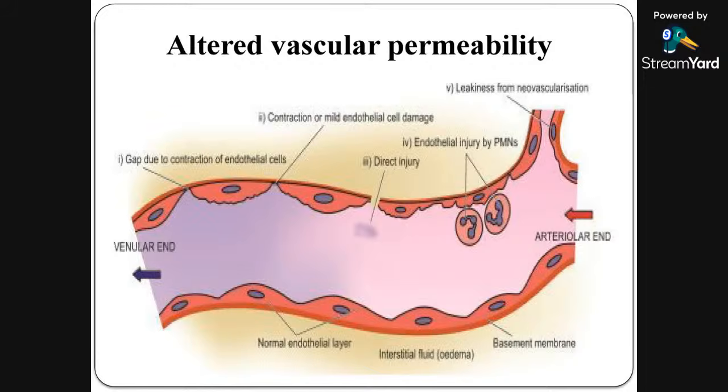Adherence of leukocytes to the endothelium at the site of inflammation causes activation of leukocytes. Activated leukocytes release different proteolytic enzymes, which cause endothelial injury and increased vascular leakiness. It is a late response.